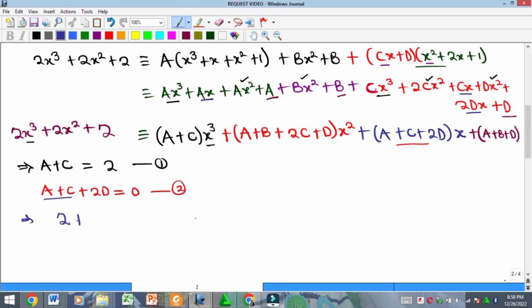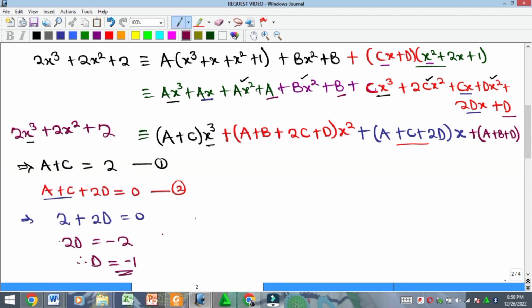So I'm going to have 2 plus 2d is equal to 0. Remember, I'm replacing a plus c with 2, as we have in equation 1. So I'll quickly solve this. This gives me 2d is equal to minus 2. Divide both sides by 2. Therefore, my d is equal to negative 1.